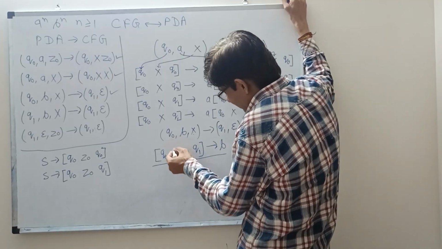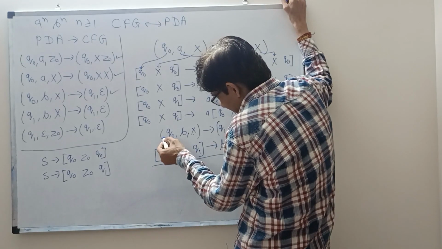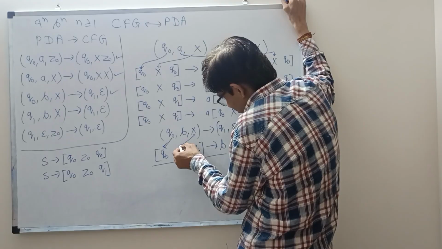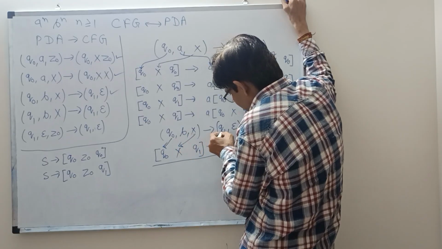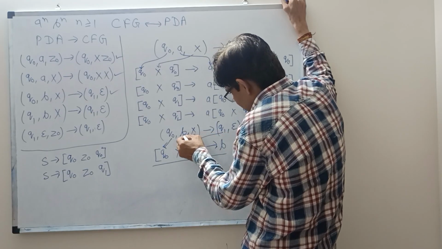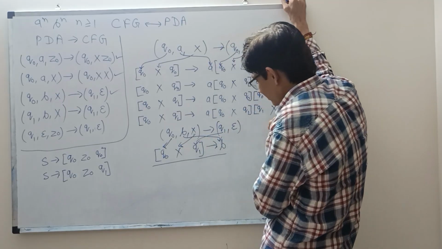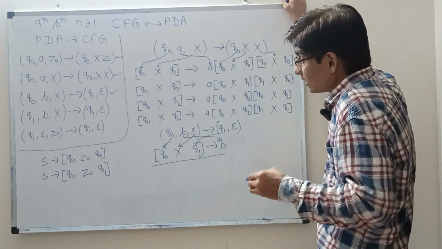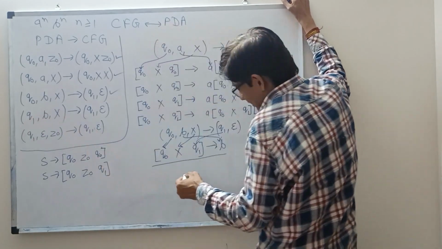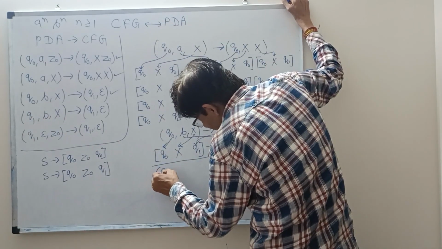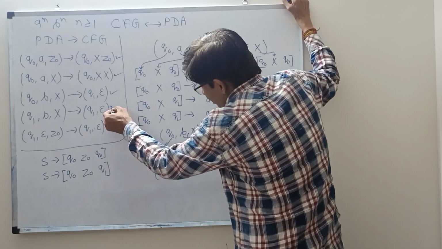Now how have we converted this? So this state has come here, this symbol has come here, this symbol has come here, and this symbol has come here. Now I will take this particular transition.